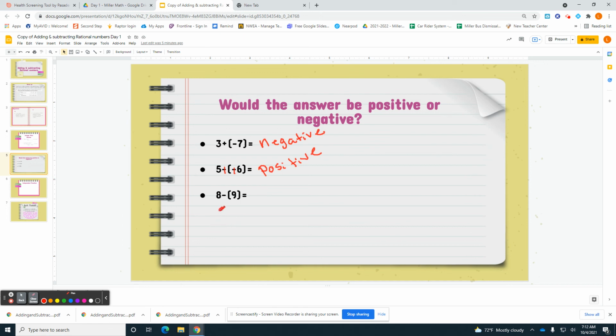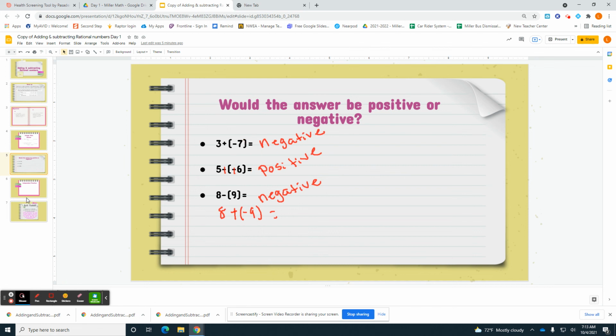If you kept this one and changed your minus to add, that would make your 9 a negative because the opposite of a positive 9 is a negative. So would your answer be positive or negative? If you said negative, you are correct. That was just a quick review of determining your answers.